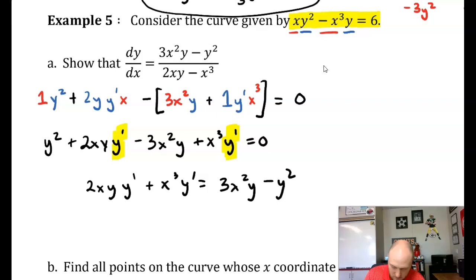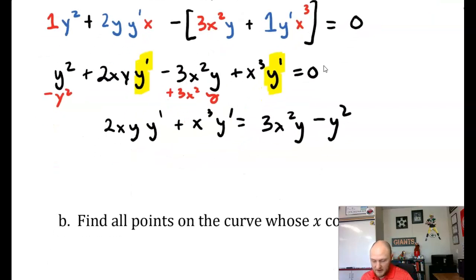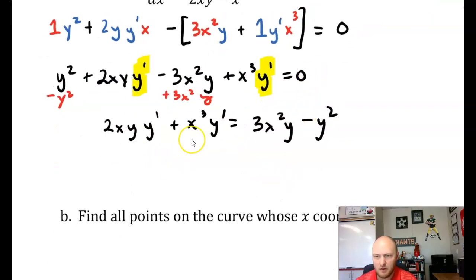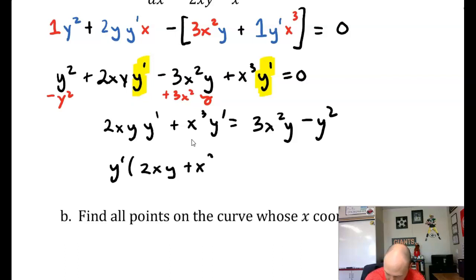I'm just subtracting. Switch the signs. Okay, do that to the other side. And then now I want to factor out the y prime. So take y prime out. We get 2xy plus x cubed is equal to 3x squared y minus y squared.